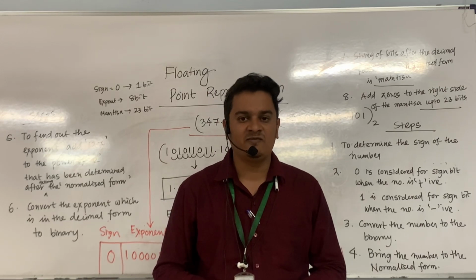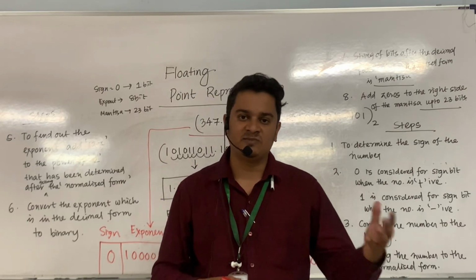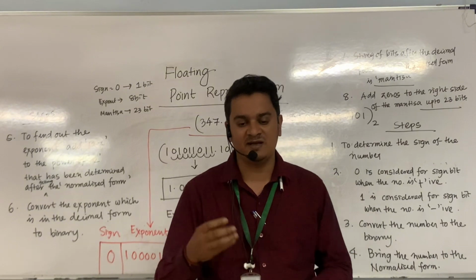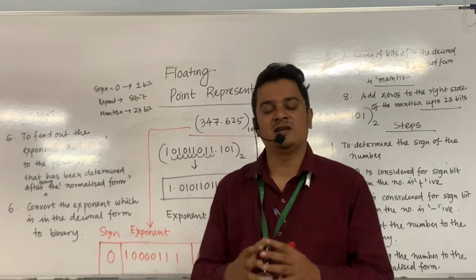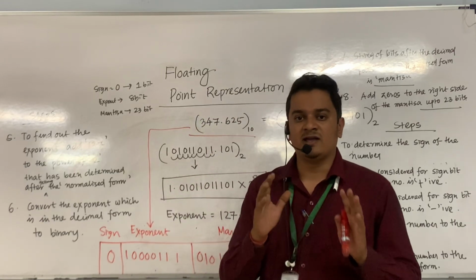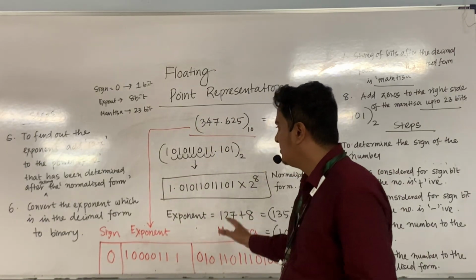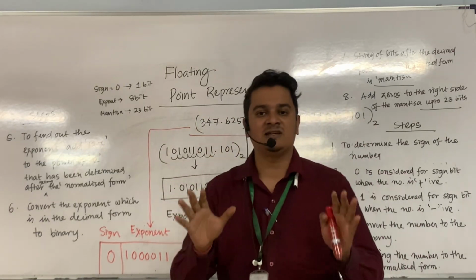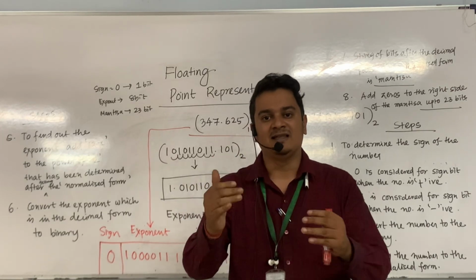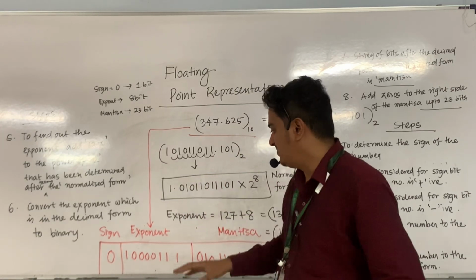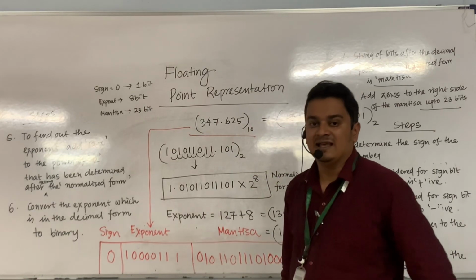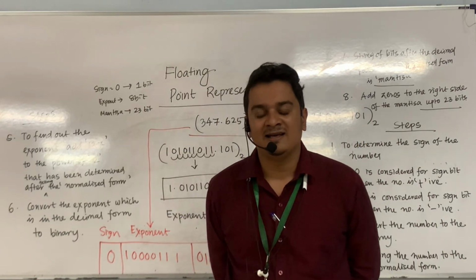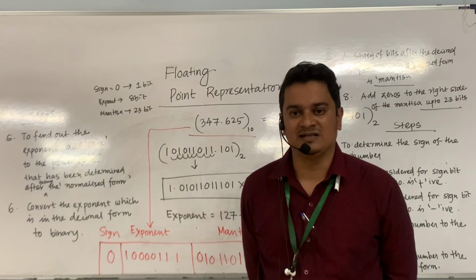Generally in the semester, 5 mark questions come, sometimes bit questions, sometimes objective type questions also. So this is one of the most important topics. I hope all of you have understood the single precision format representation in floating point.